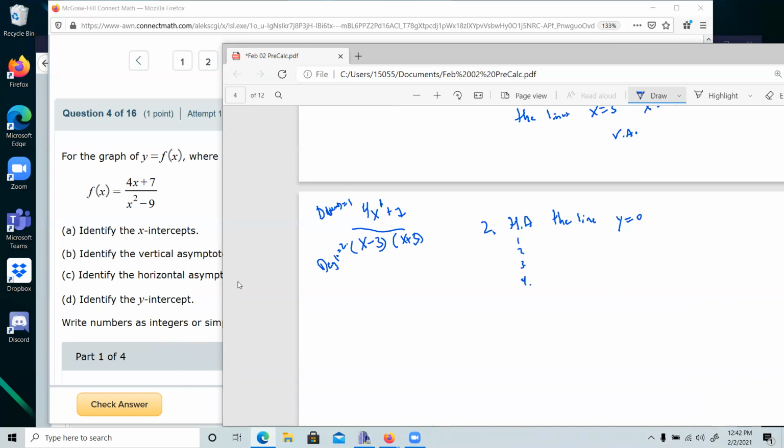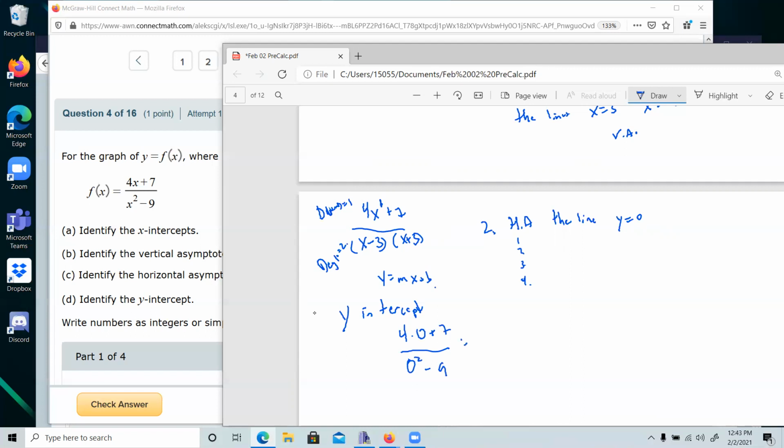Okay. What else are they asking for? Identify the y-intercept. Again, if you have trouble remembering it, how do we get the y-intercept here? It was y equals mx plus b: set x equal to 0, y is b. So if we go back here and set x equal to 0, we've got 4 times 0 plus 7 over 0 squared minus 9.